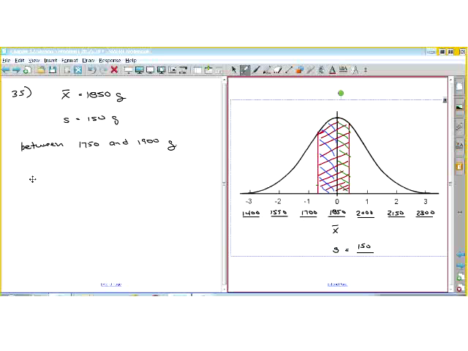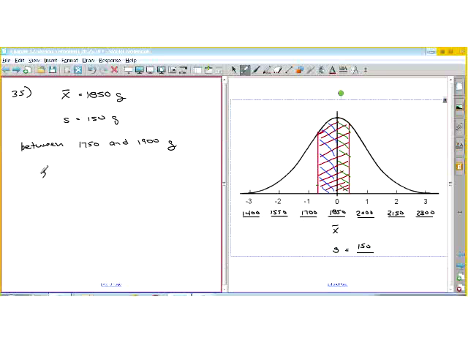So let's calculate the z-scores for these two values. The z-score is the value at that particular point, minus 1850, divided by the standard deviation, which is negative 100 over 150, which is negative 0.666, round up to 0.67.